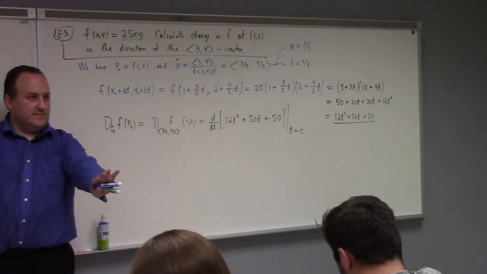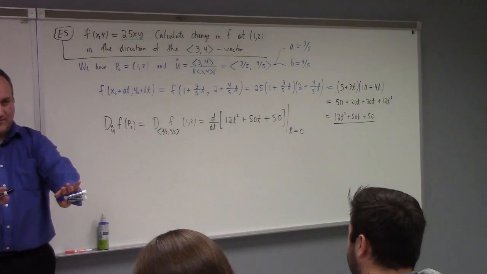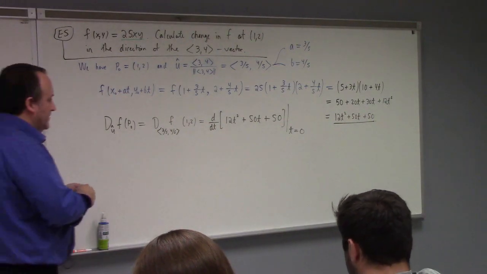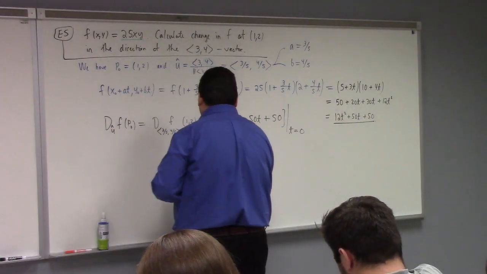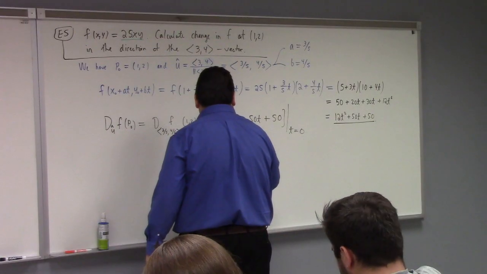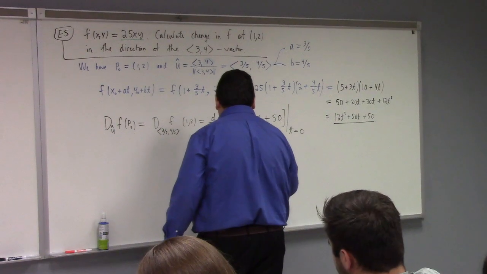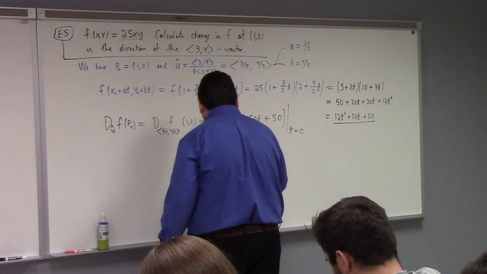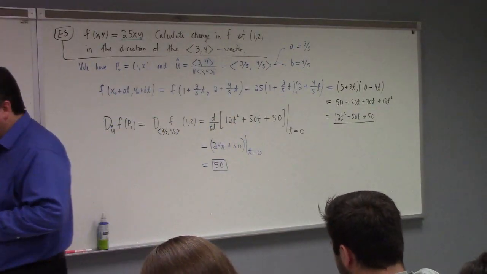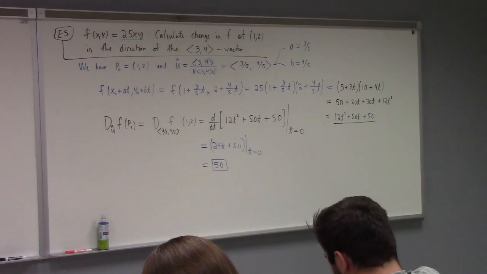Unless you guys would rather do limits. You want limits? We could do limits. Derivative good? Okay, good, just checking. So this is 24t plus 50. You take that and evaluate it at t equals 0. We get 50. So the infinitesimal rate of change of this function of two variables at that point in that direction is 50.